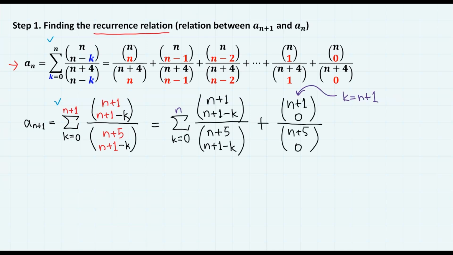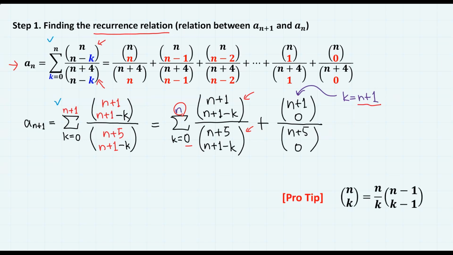So let's split the summation into two parts. The first part where k changes from 0 to n, and the very last term where k is equal to n plus 1, which is n plus 1 choose 0 divided by n plus 5 choose 0.